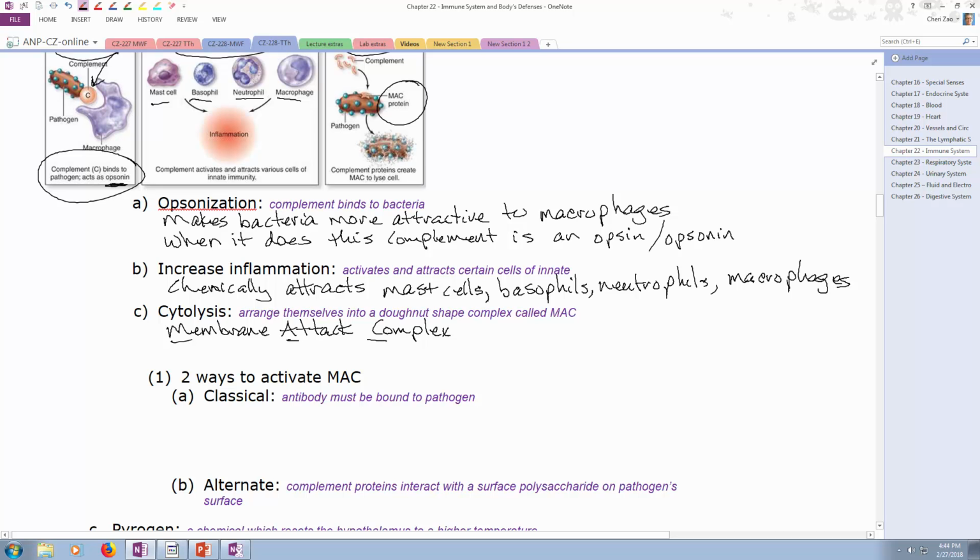So various complement proteins will be activated, they'll polymerize, they'll join together, and they'll literally bore a hole into the membrane of the cell. Flood the cell with water to where it literally bursts.